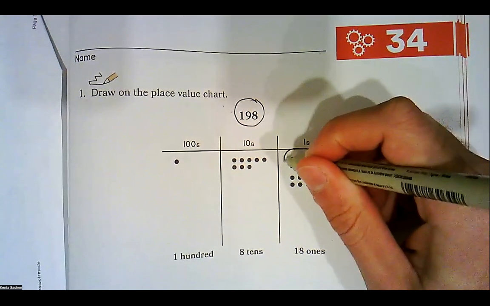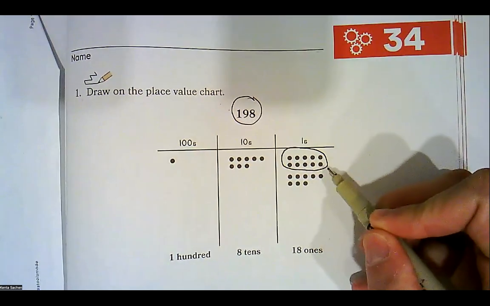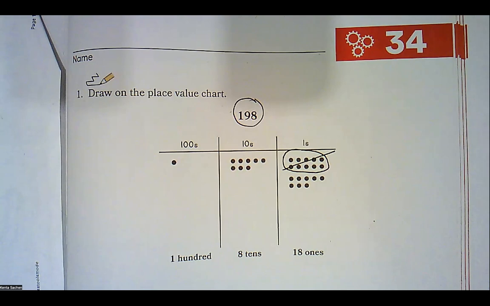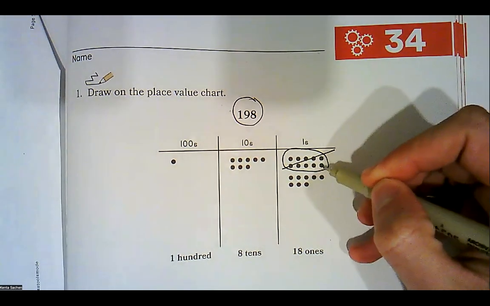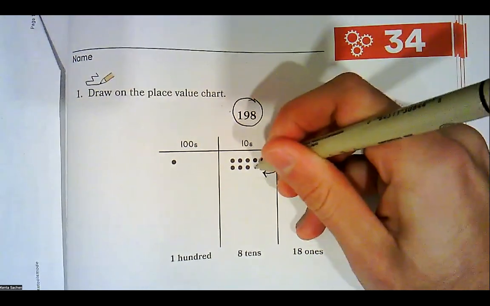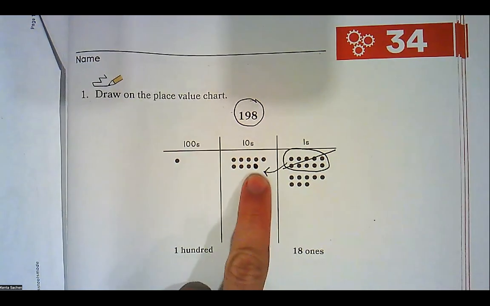I want you to circle 10 of these ones. All right, there's a nice group of 2 5s here. You're going to cross them out, right? And that's 10, right? 1, 2, 3, 4, 5, 6, 7, 8, 9, 10. And now you're going to move that and make another 10 right here.